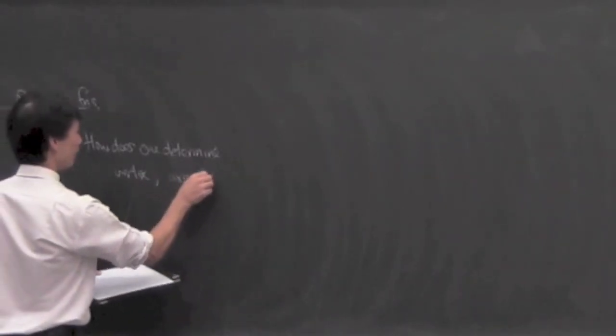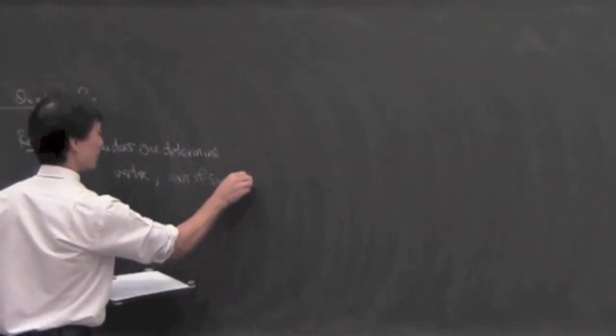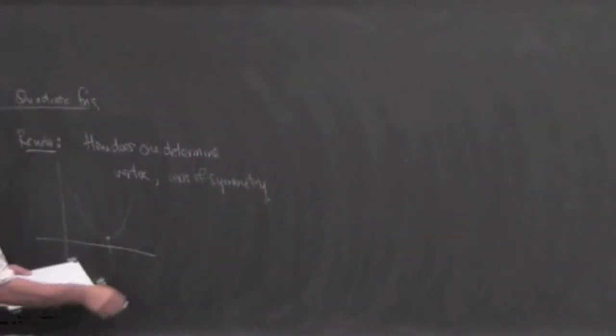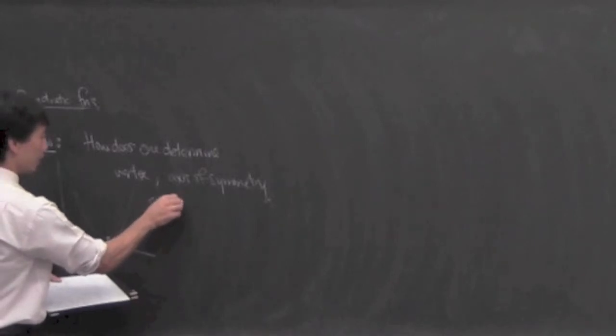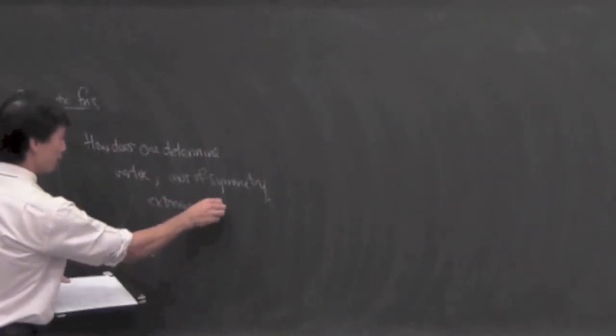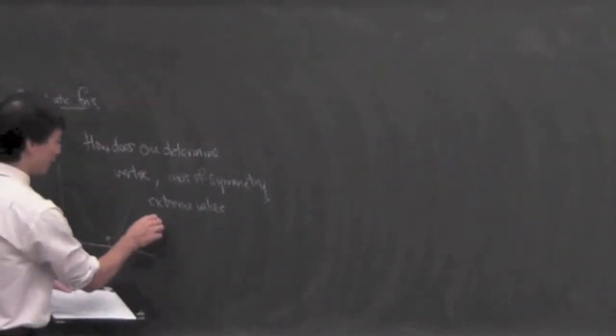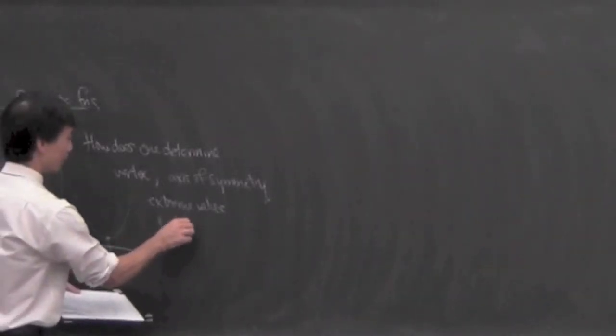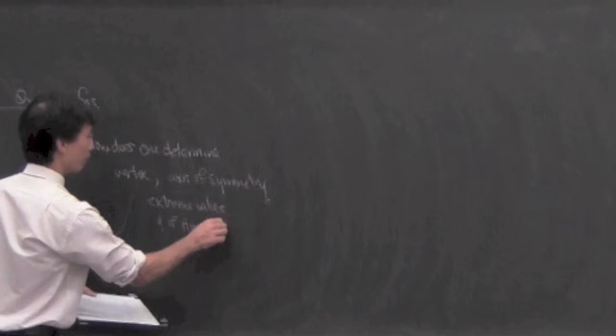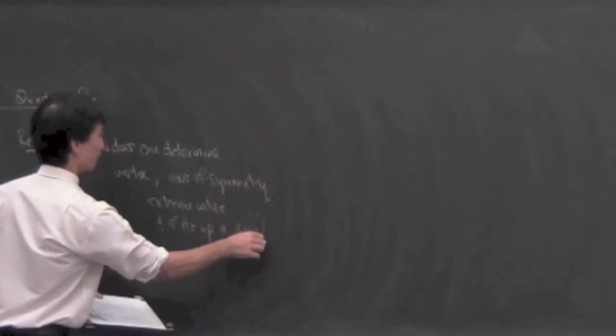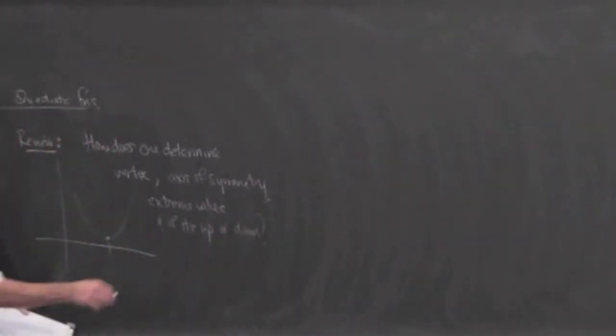Well, if you have the vertex, you already know the axis of symmetry and the extreme value, and if it's going up or if it's going down.